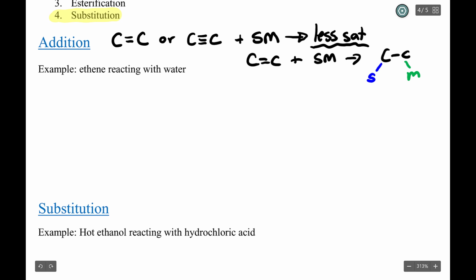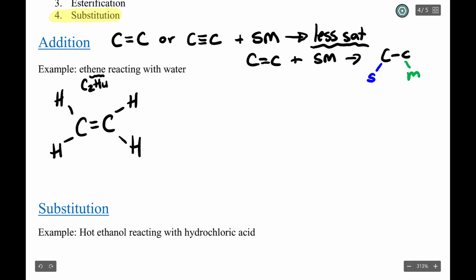So, of course, we're going to have something that is unsaturated to start with. The most simple unsaturated compound would be ethene, and so I'm going to draw this out as a structural diagram. Ethene would be C2, ene times 2, so H4, and each carbon is going to have 2 hydrogens.